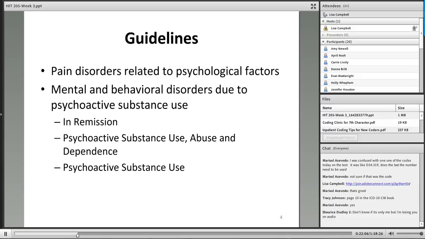So when we were looking at the psychoactive substance use, it told us when they meet the definition of a reportable diagnosis.